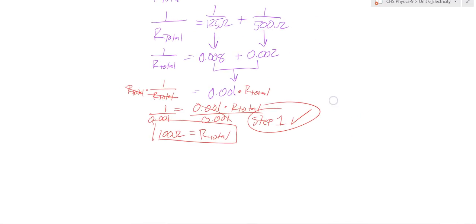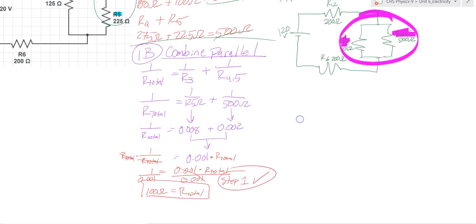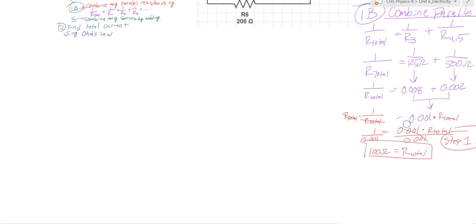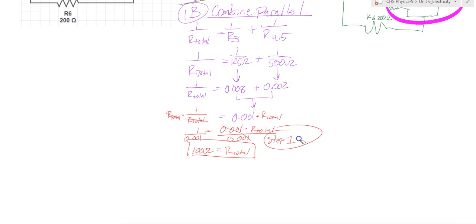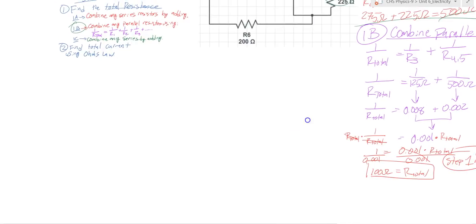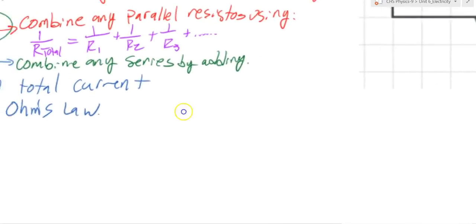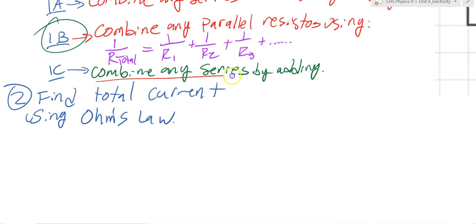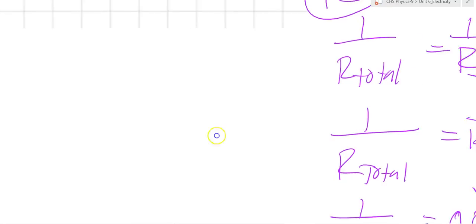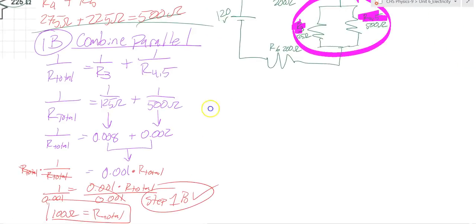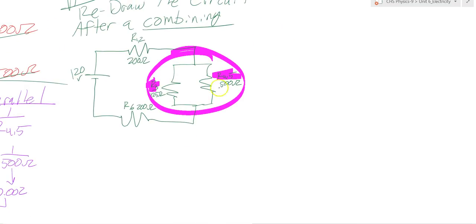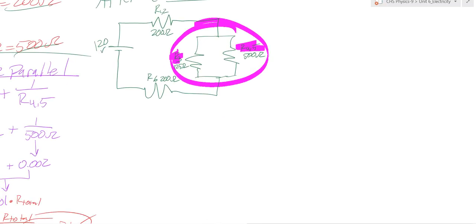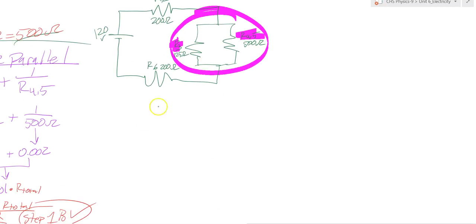Okay, we zoom out. We've done 1B. Now we have to come over here and look at combine any series by adding. So what we just did is we combined these parallel ones into one circuit. So now we have this.